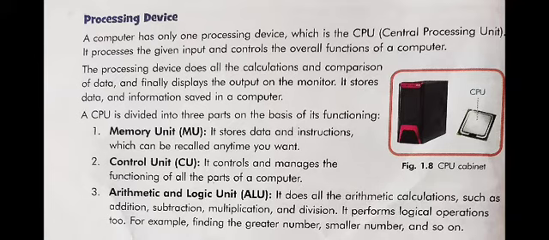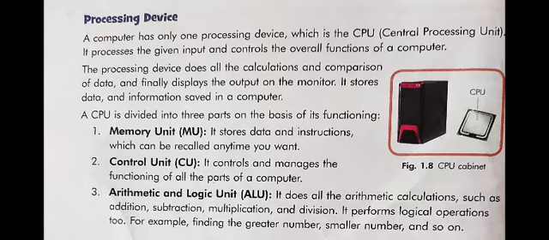That is CPU, which stands for Central Processing Unit. It processes the given input and controls the overall functions of a computer. Means whatever the input is given, the computer processes on it and controls all the functions of a computer.